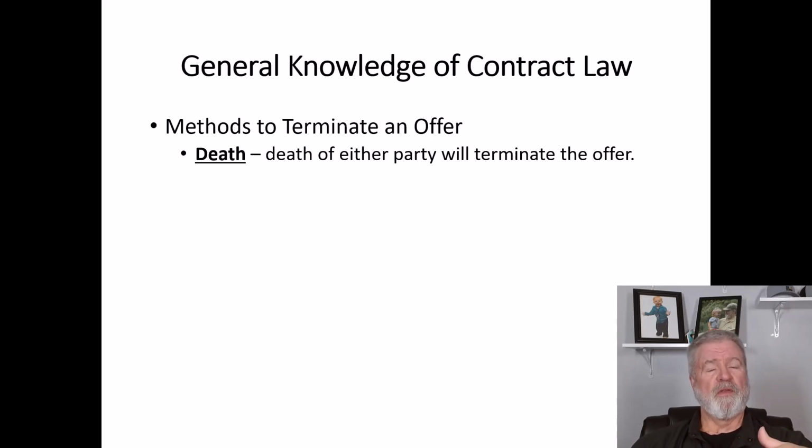However, if the contract had already been accepted, ratified, and we're just waiting to close, and say the seller dies, what's the status of the contract? It's not terminated, or at least not automatically terminated.